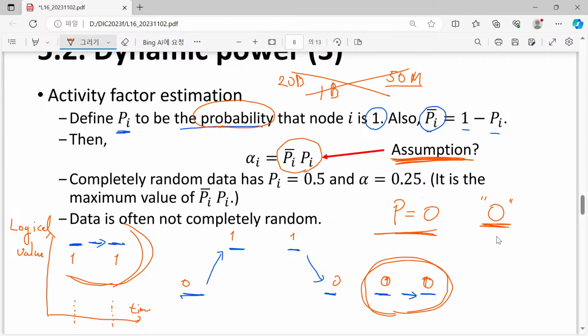Then what will happen? In this case, there will be no transition, so its activity factor should be 0. And now consider the opposite case, P equal to 1. Then we stated that every transistor is just having output of 1 and no transition, of course.